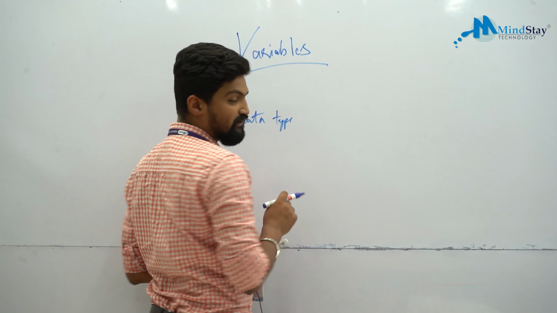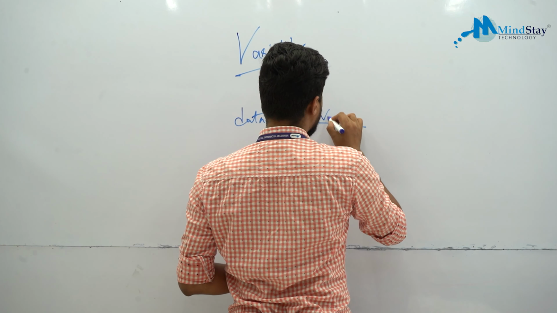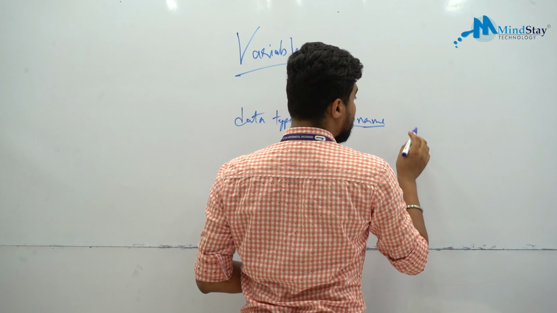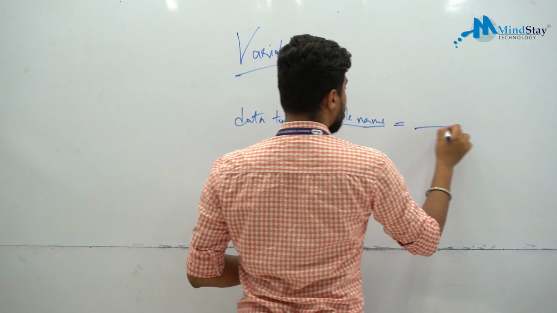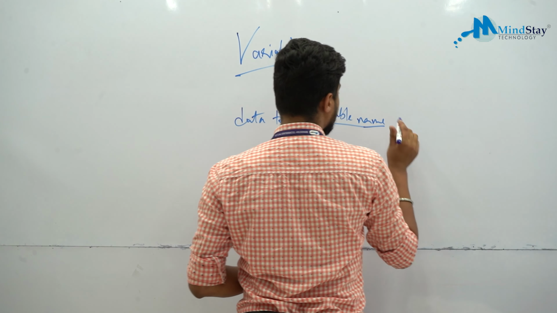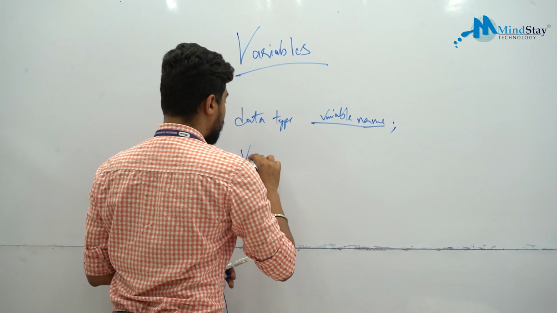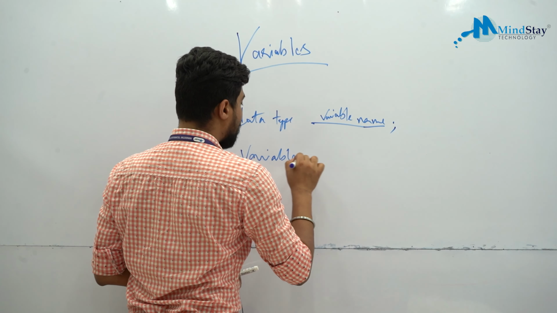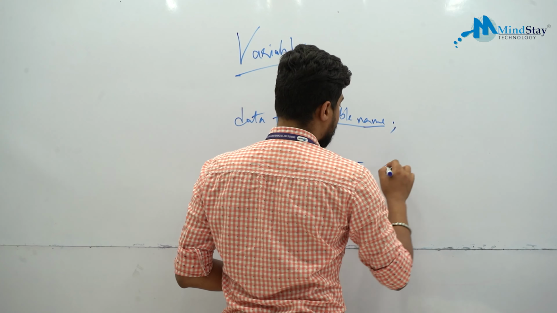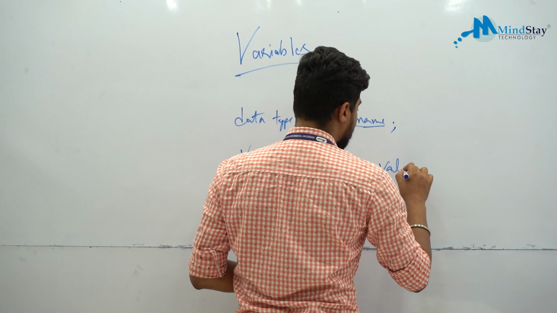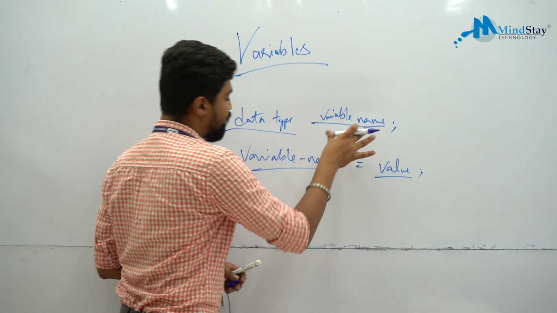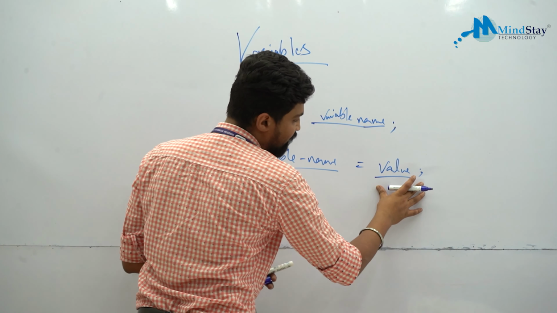Okay, we have the data type, then we have the variable name, and this is where we assign the value, right? So we had the data type, variable name, and then we had the value.